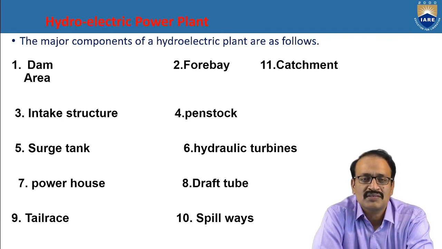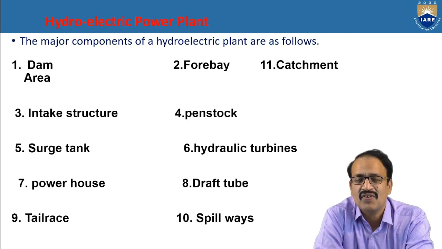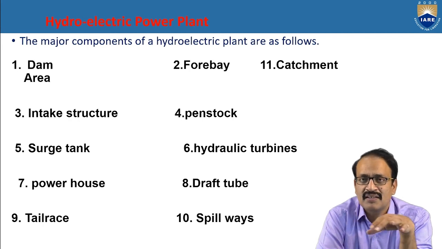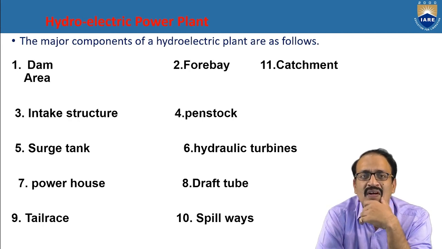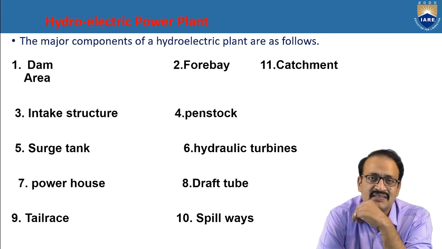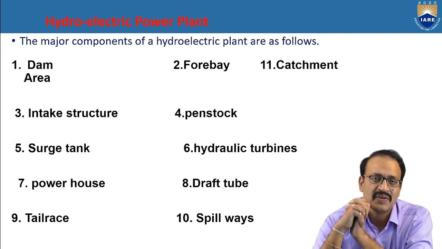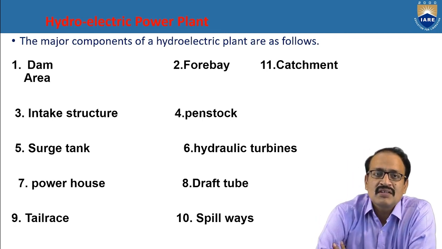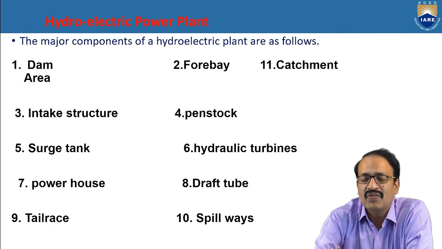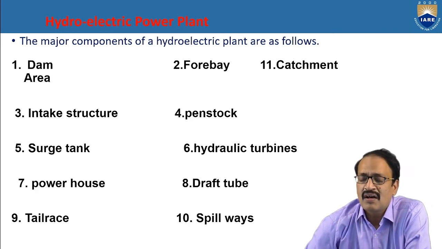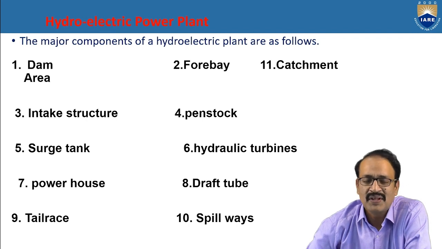Basically, we construct the dam for stopping the flow of the water, and that is the catchment area, where there will be head and an intake structure. Before this intake structure, we will have the forebay, which acts as a reservoir. From the forebay, the water comes to the intake structure, from the intake structure it goes to the penstock, and from the penstock to the turbine. The turbine is going to rotate.